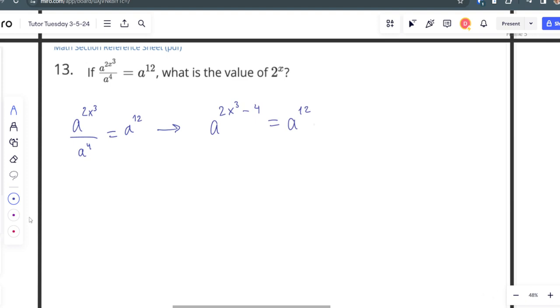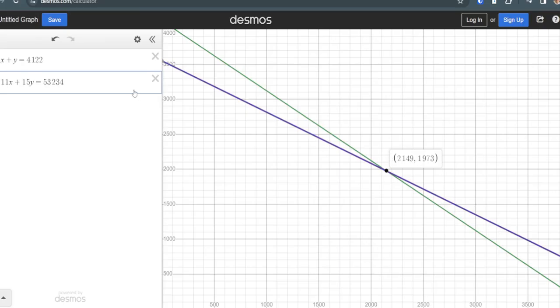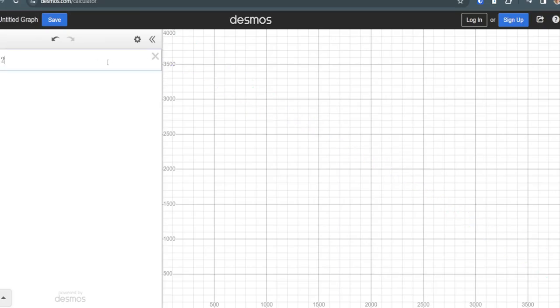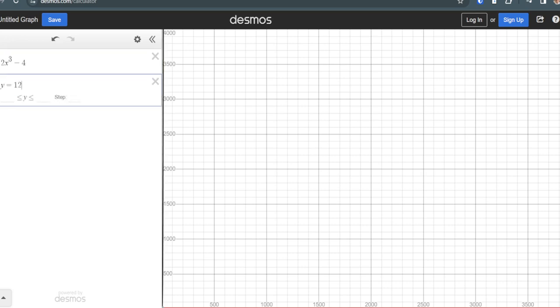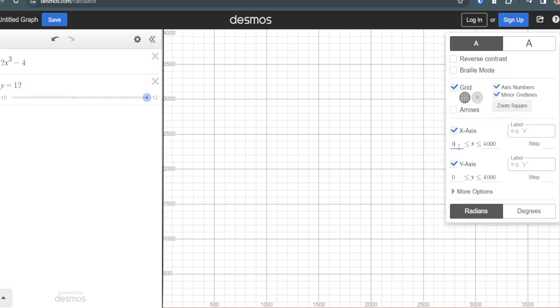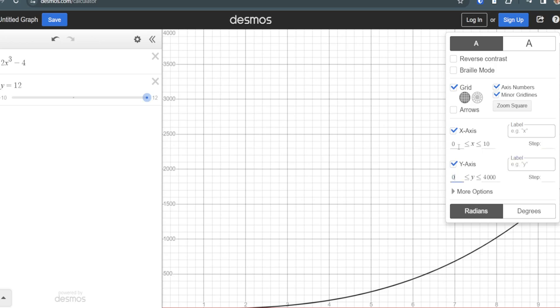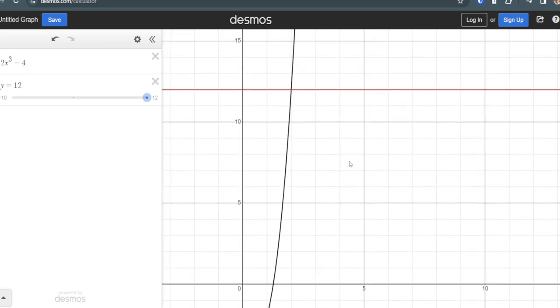And at this point, you can equate the exponents because we have one base on this side, one base on that side. Then we can equate the exponents to get 2x cubed minus 4 equals 12. I'm probably just going to throw that into Desmos and see when 2x cubed minus 4 equals 12.